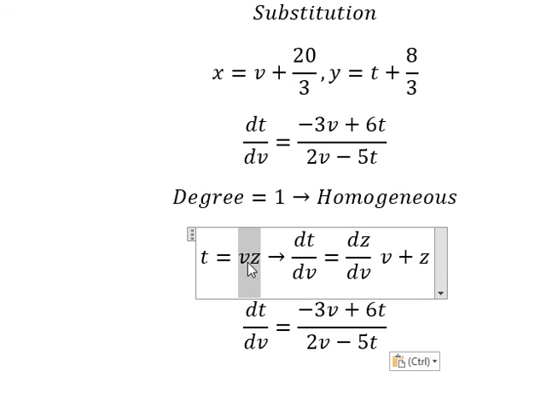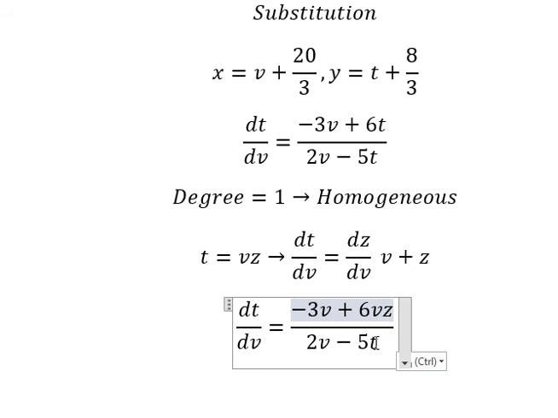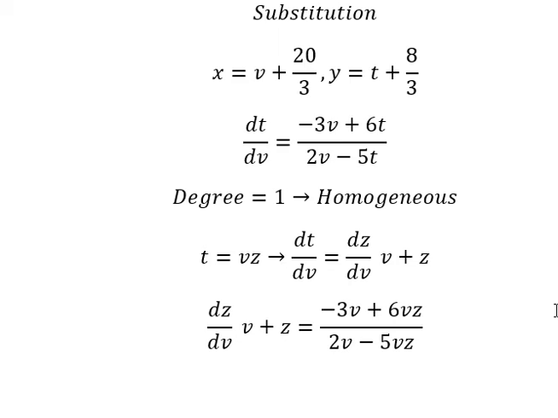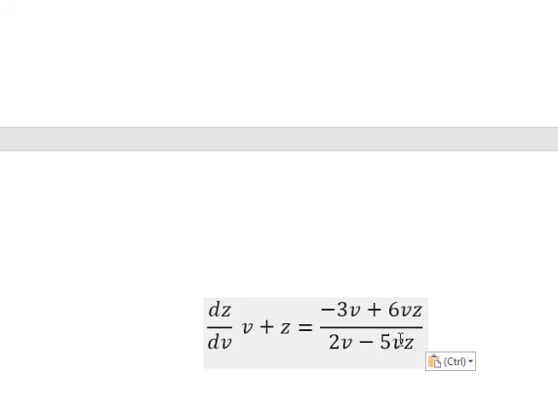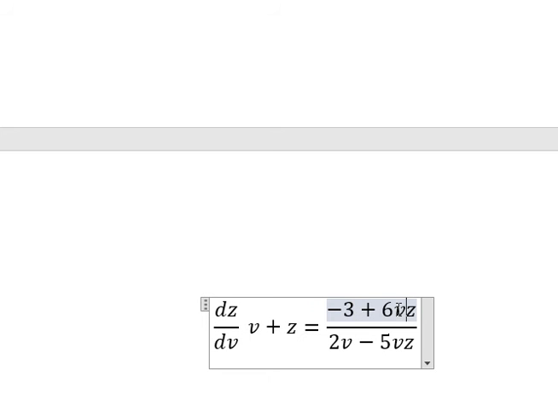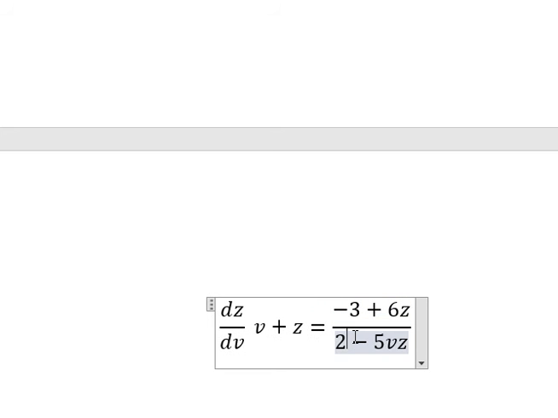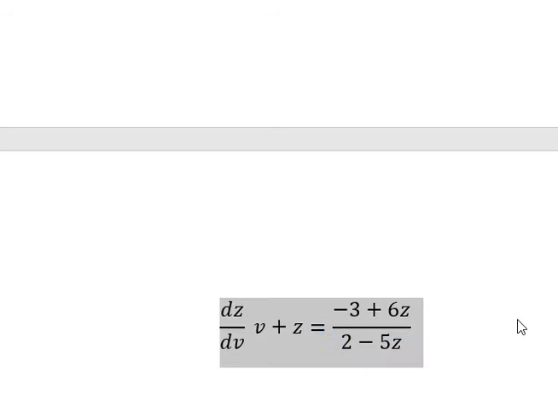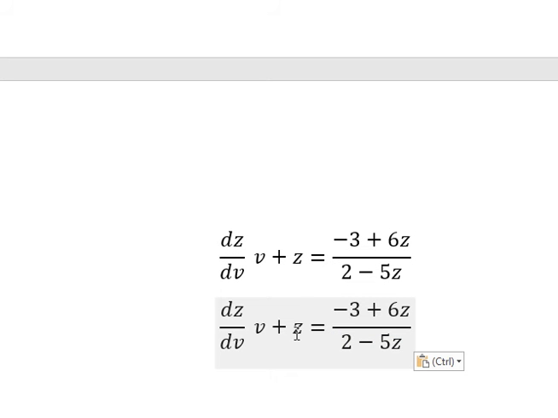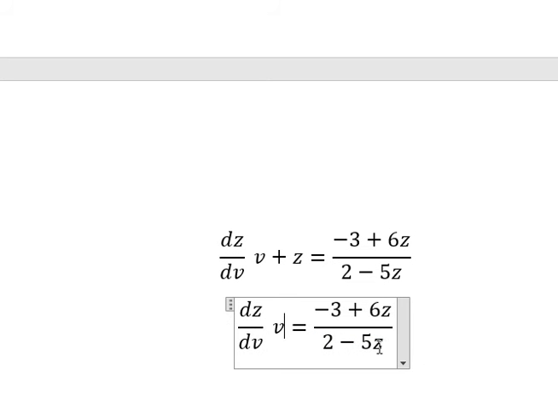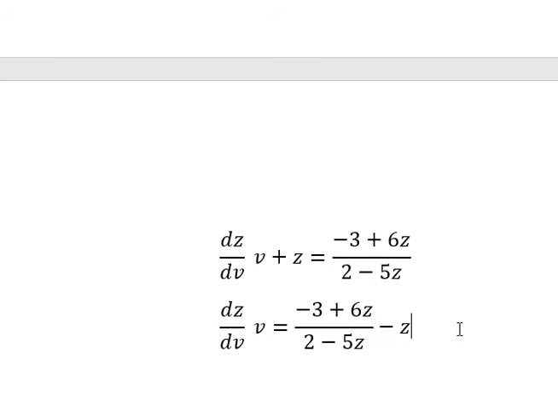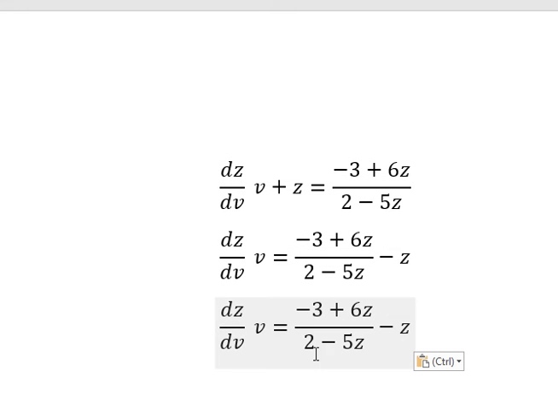So about vz, we change for t. This one we change by this one. So v and v we simplify. About z, we put on the right. Now we do common denominator for z.